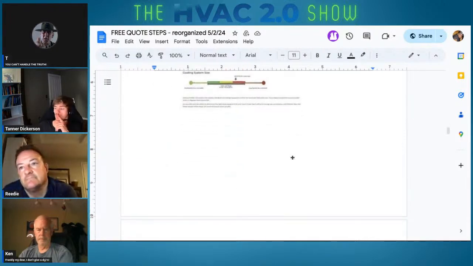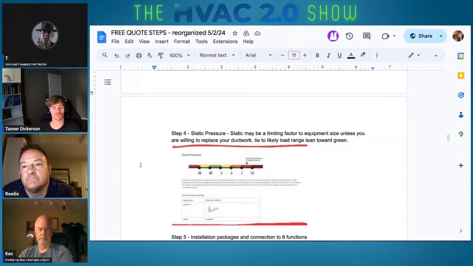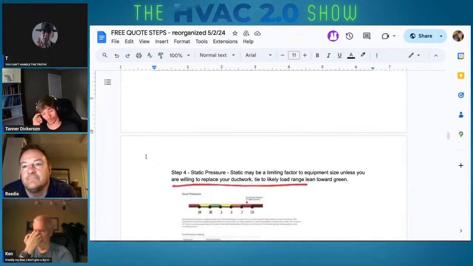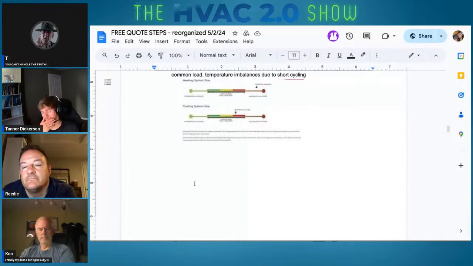And then the next step is going to be static, and we'll have static last. In discussing with you guys, we arrived at static last for a couple of reasons. One is it'll tie back to leaning towards the green, particularly if they measure it and they're above 0.5.